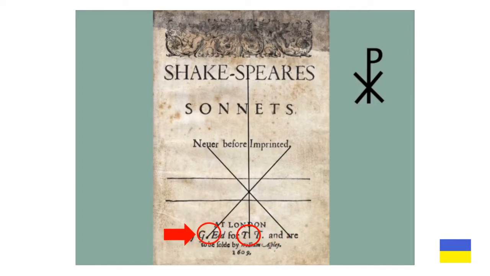Another line terminates at the period after the letter G, also in the publisher's blurb. And it terminates again at the period after imprinted.